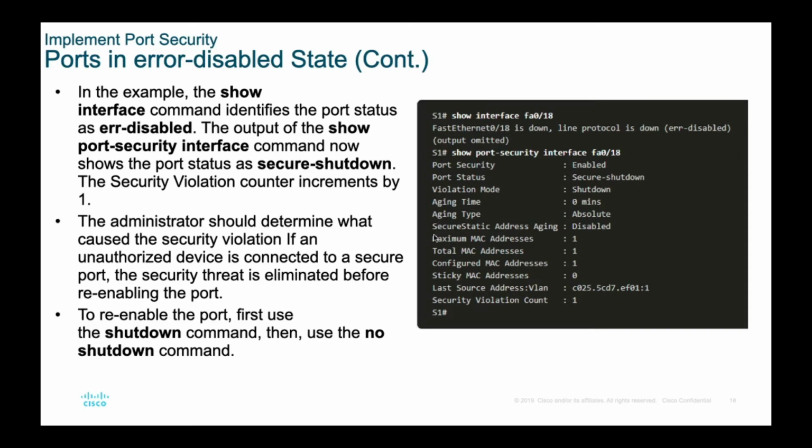Okay, so in order to re-enable, the administrator must go to interface FA0/18, issue shutdown first and then no shutdown. So if you do show port-security interface when it is in the violation mode, you can see the violation mode is shutdown.